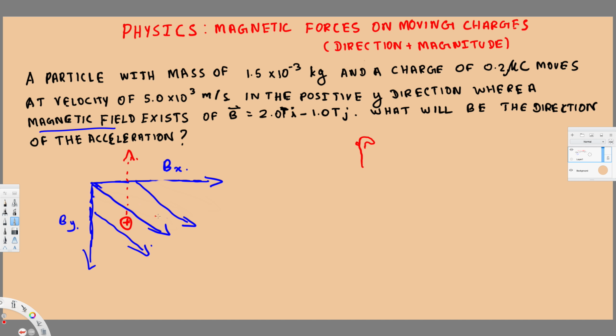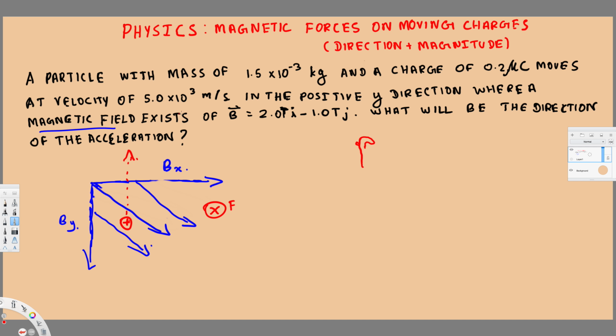So the direction of this force is going to be inside, so we put x. So this is going to be the direction of the force that's going inside, right? Let's see what the question is asking. What will be the direction of the acceleration? Since this is the force direction, the direction of the acceleration is also going to be the same.